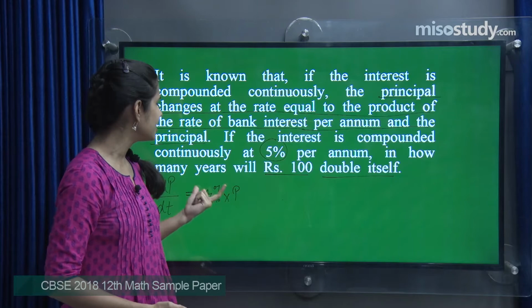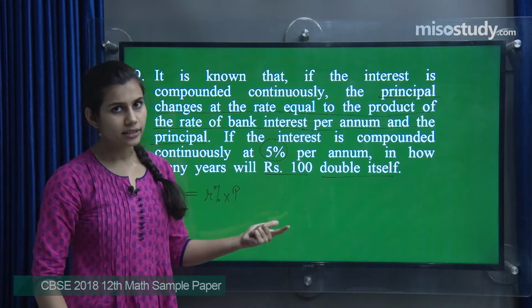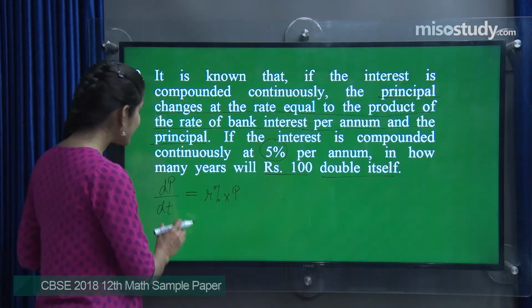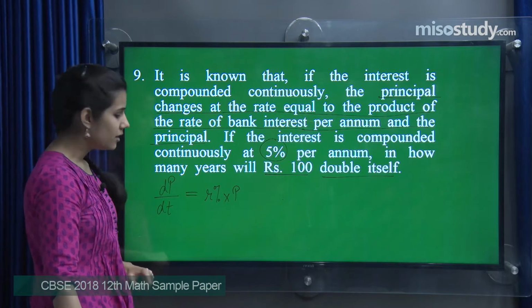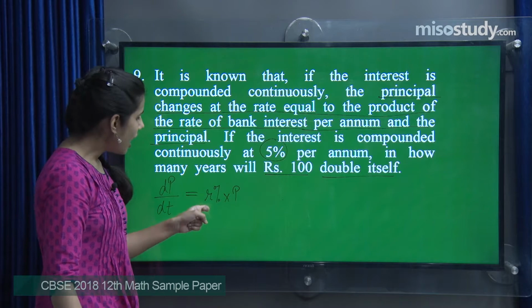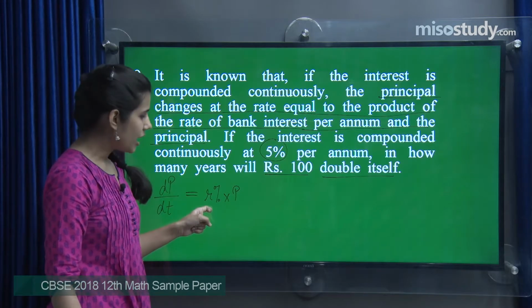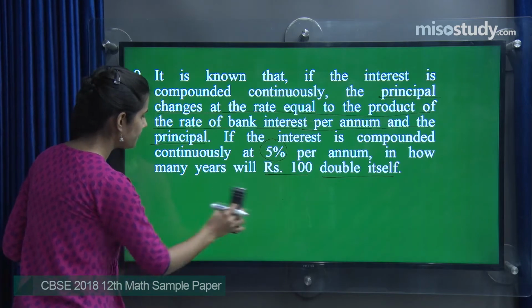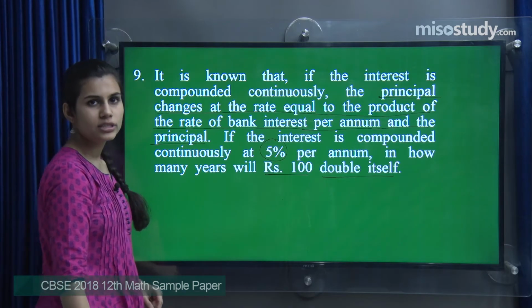Okay, so T years will be the answer, some T years. In how many years will this happen? Now, as I said, take P to be the principal, T to be the time, and R% to be the rate per annum. So, let's start the solution of the question.